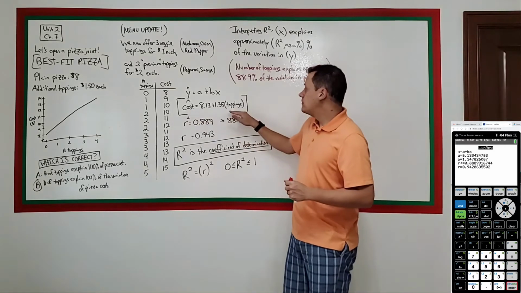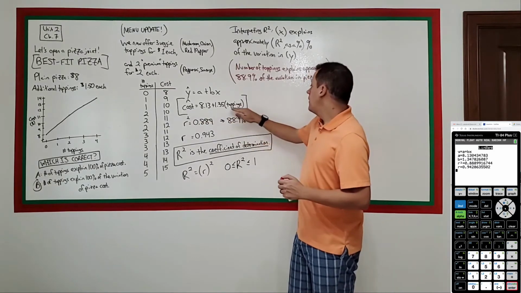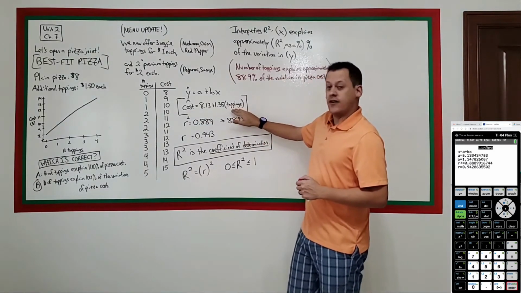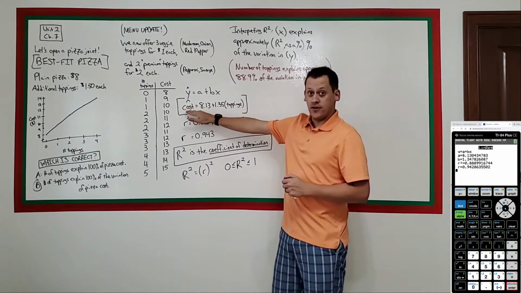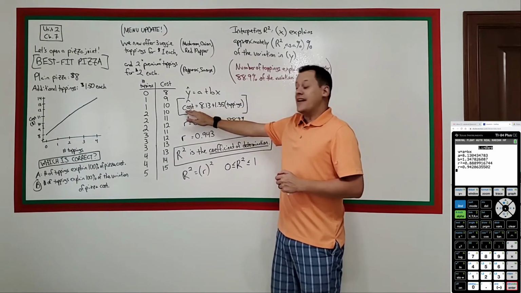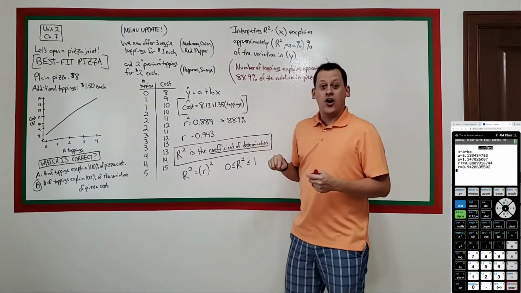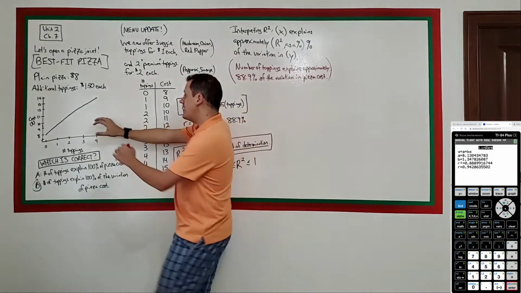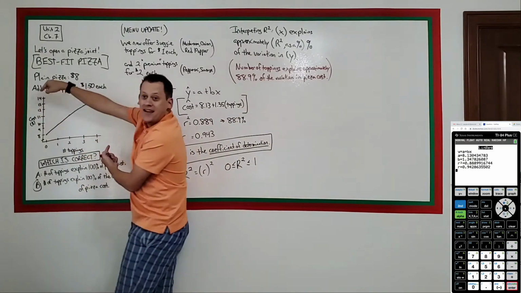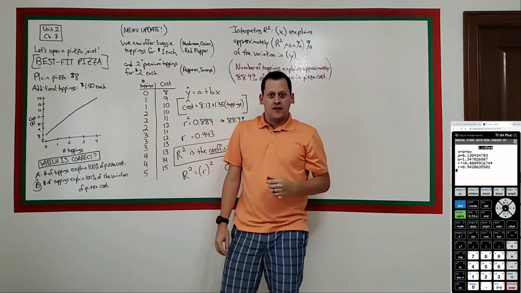This model is assuming that this is the explanatory variable and this is the response variable. In order to flip those roles and put the hat here, you would have to take this scatter plot and invert the axes.